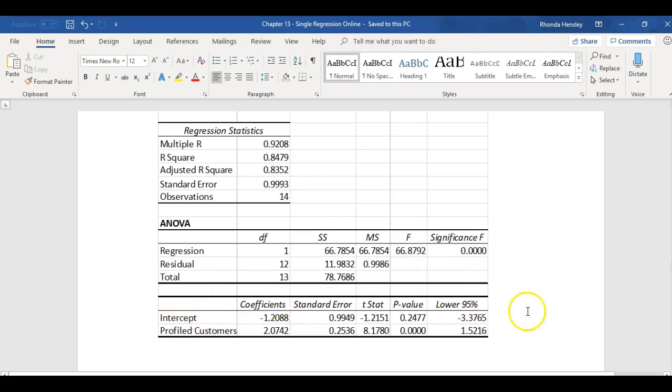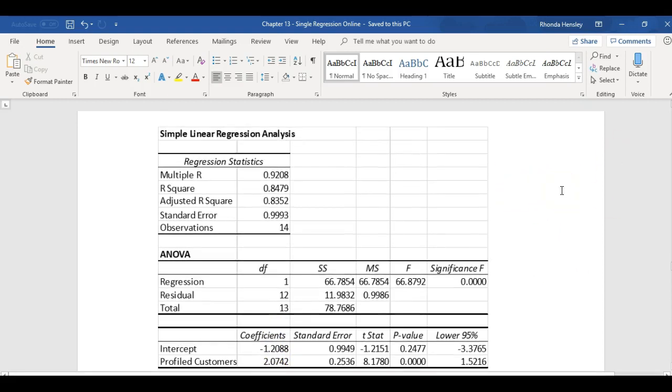And down below that, there's something called a coefficients table that has more p-values, and it has some coefficients in it that we're going to look at. So if you ran it, you should have saved the file.